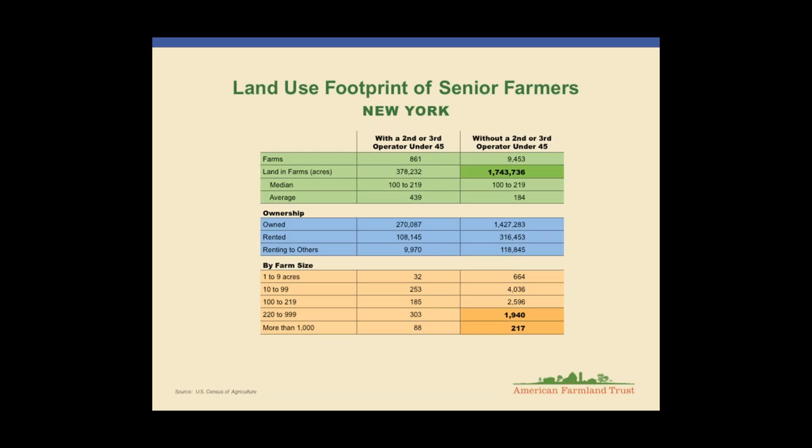When you look at New England, again, it's interesting that it is very similar, a slightly smaller amount of land and farms, 1.1 million acres that this subcategory manages, and in fact, they are renting a fairly small amount of land from others, 137,000 acres.